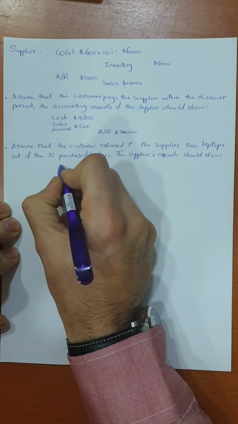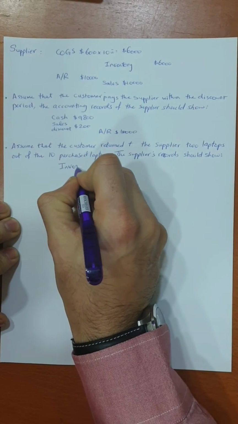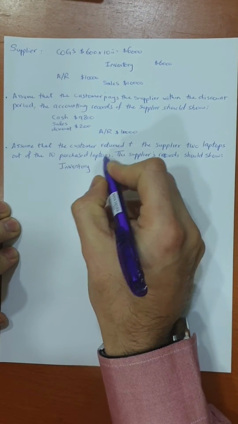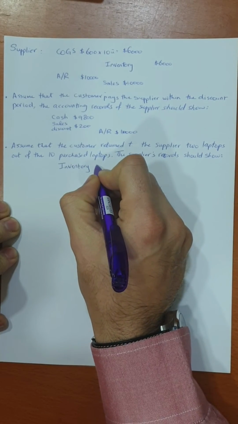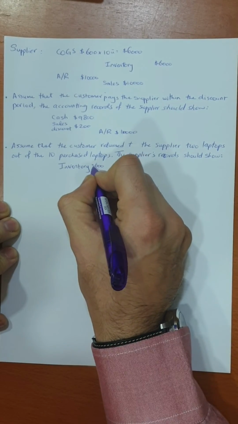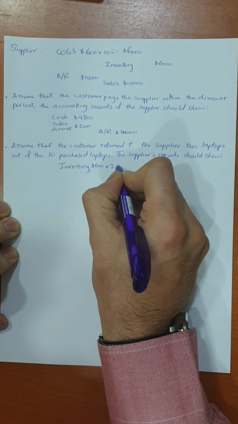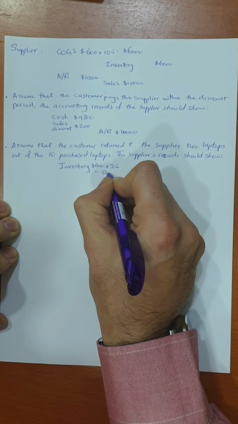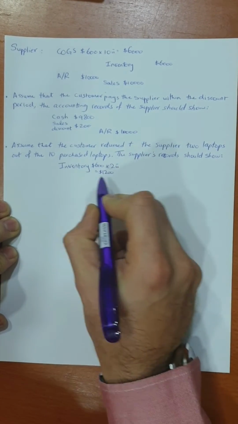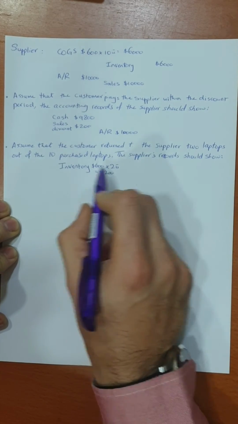So the supplier's records should show that our inventory increased by 2 laptops, or the value of 2 laptops, which is $600 per laptop multiplied by 2 units, the sum of $1,200.